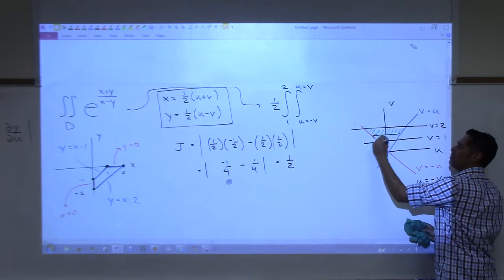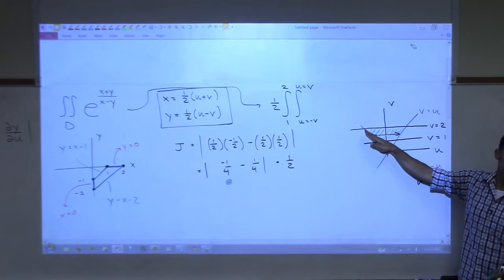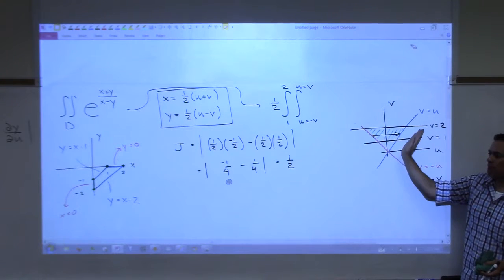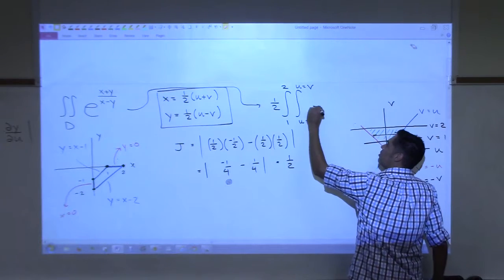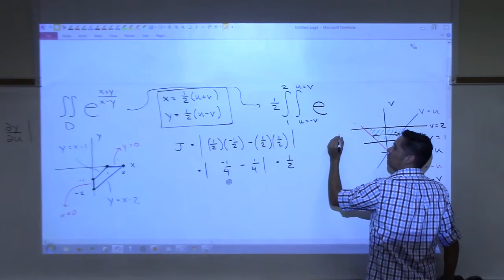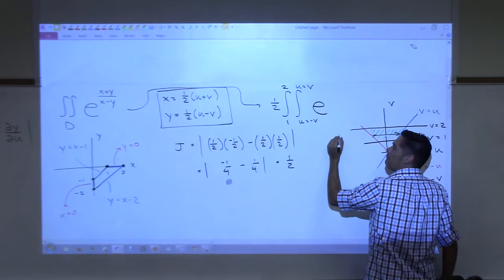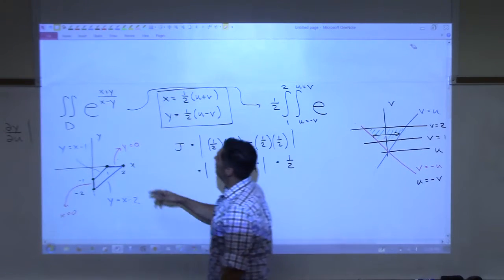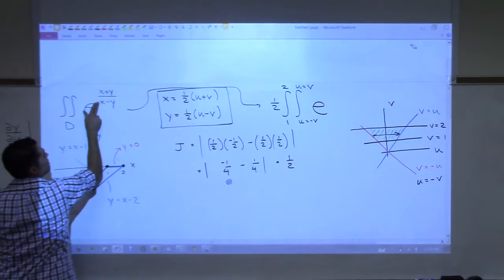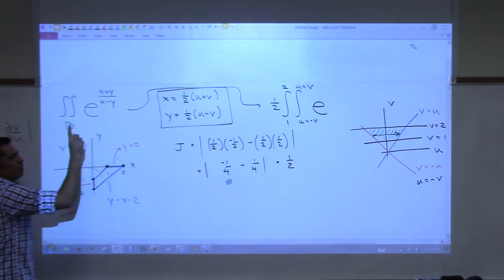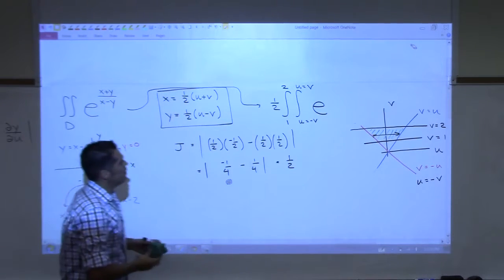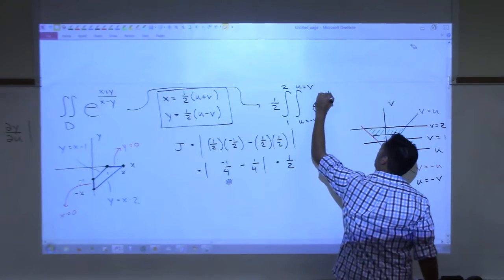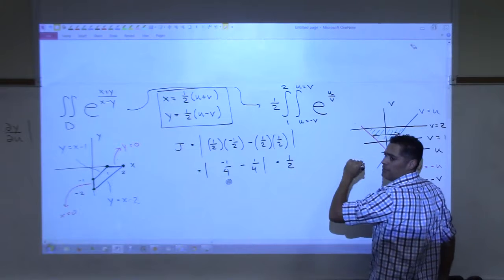Bottom function is really like the left one, and the top function is like the right one. And then the integral of e to the, it's this over this, right? But remember, we said this was u and this was v, right? So this is u over v.